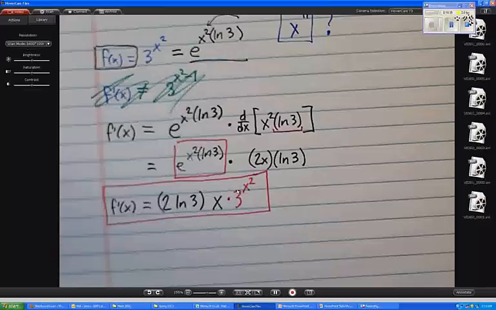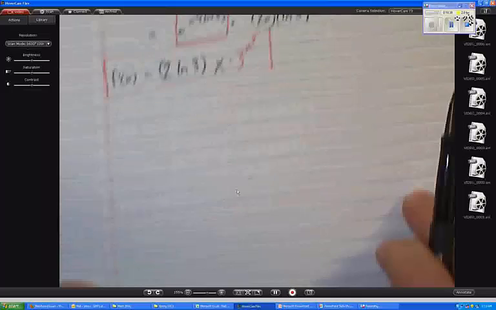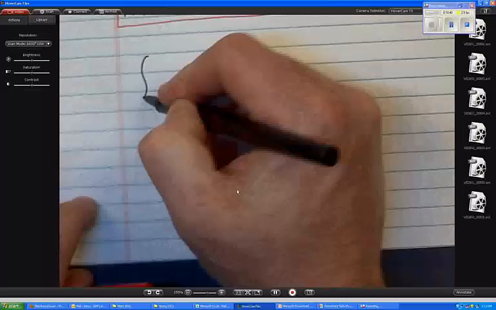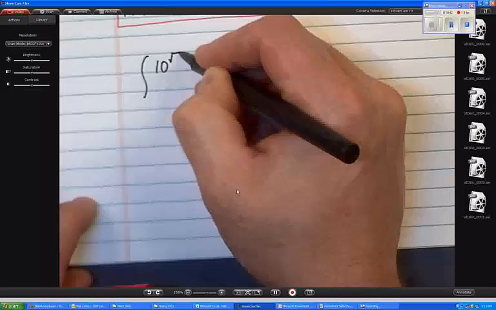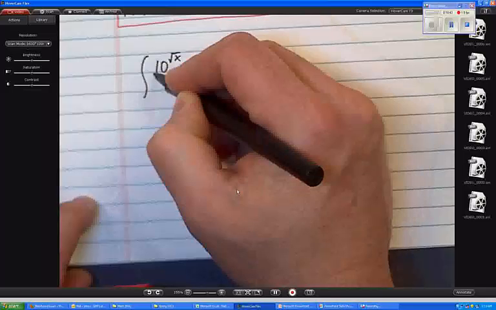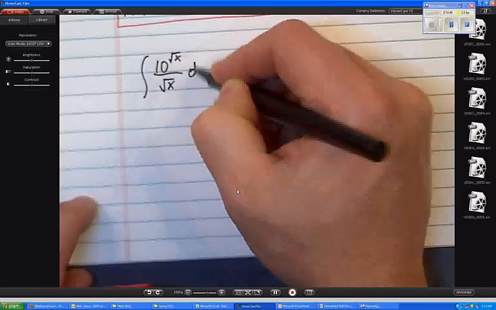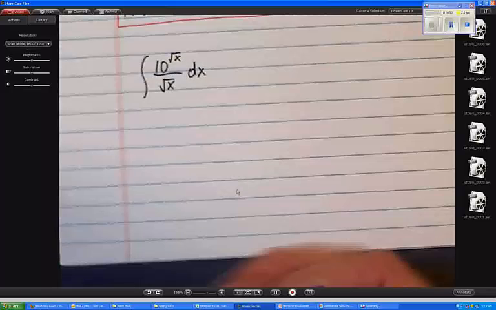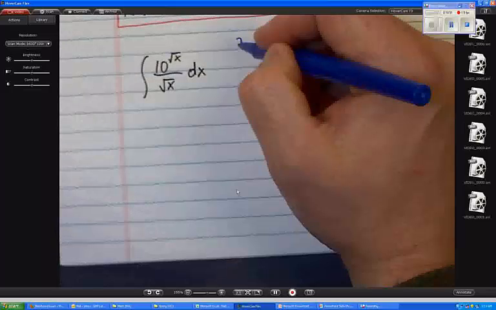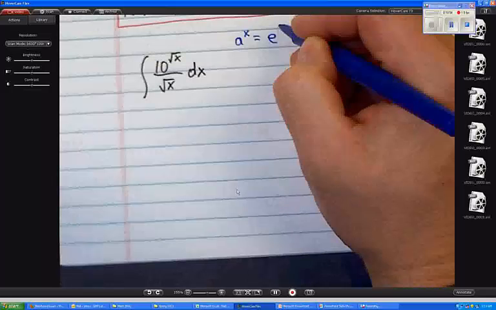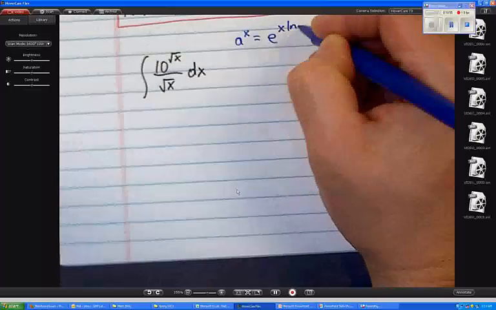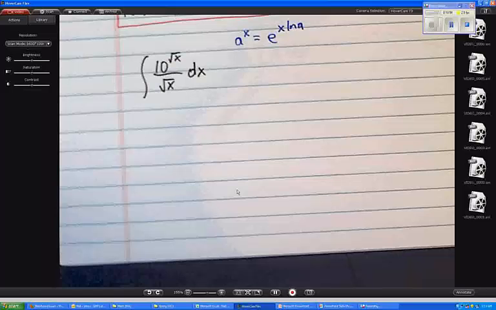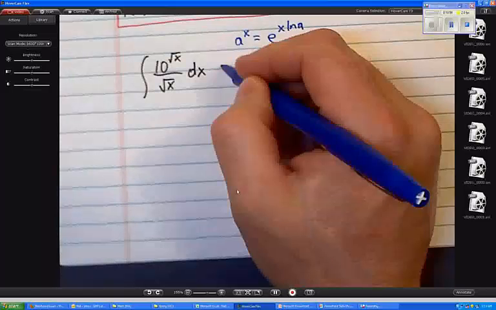So the new problem is 10 to the square root of x over the square root of x dx. Yuck. Oh, what's the rule? The rule is a to the x power can be written as e to the x ln a. So, let's rewrite this using that rule.